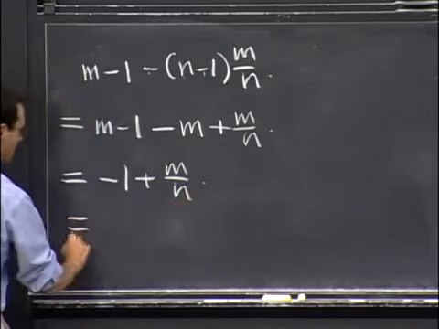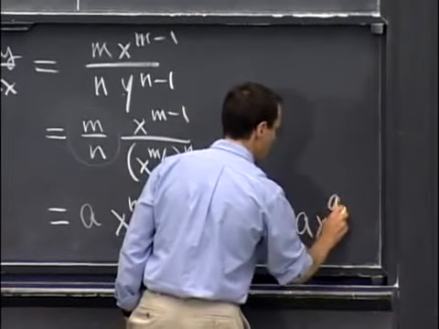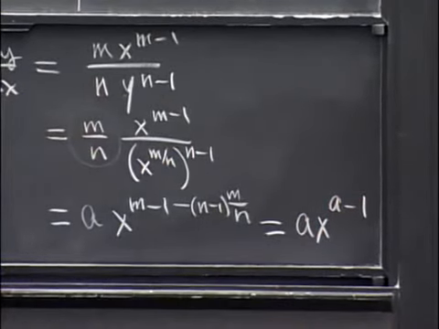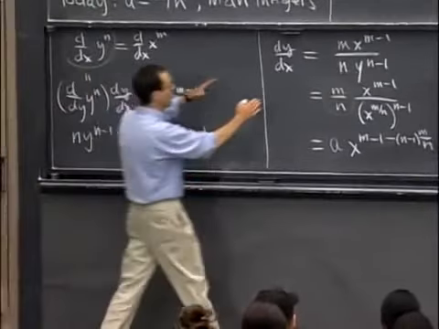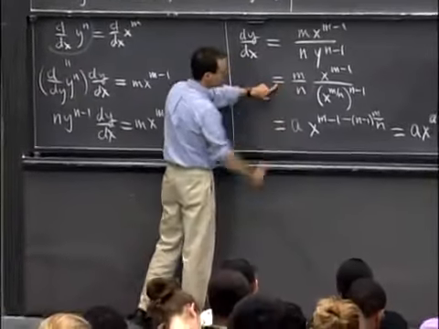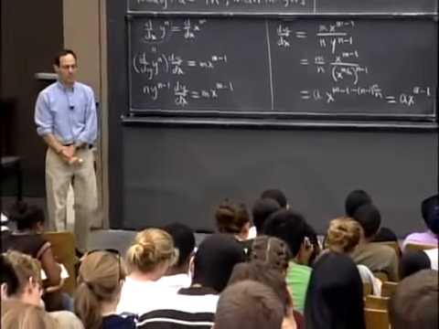And lo and behold, that's the same thing as a minus 1. Just what we wanted. So this equals a x to the a minus 1. Again, just a bunch of arithmetic. From this substitution on, it's just the arithmetic of exponents.